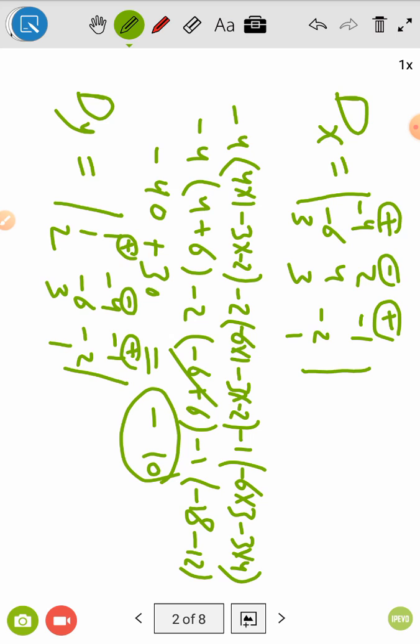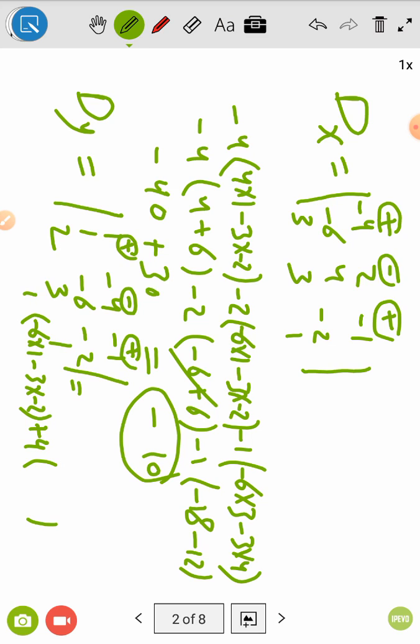Here 1, open bracket, negative 6 times 1 minus 3 times negative 2, and negative 4 with the sign over negative, so it will change to positive 4. It will be cancelled here and here.